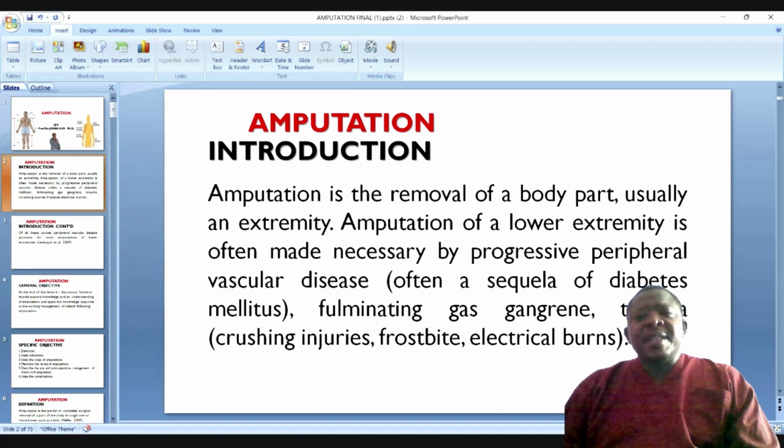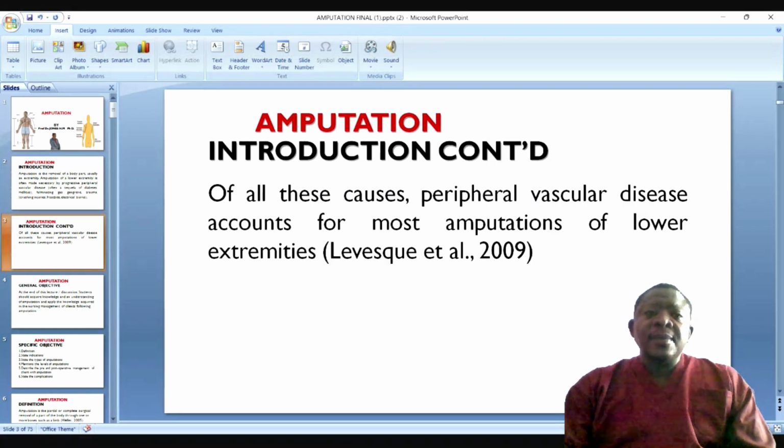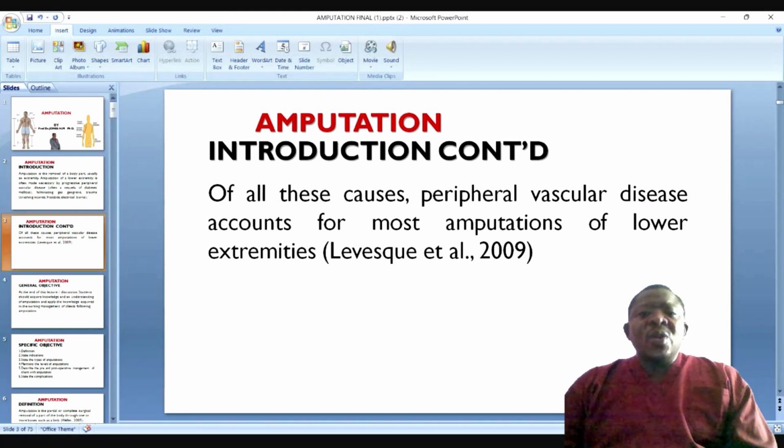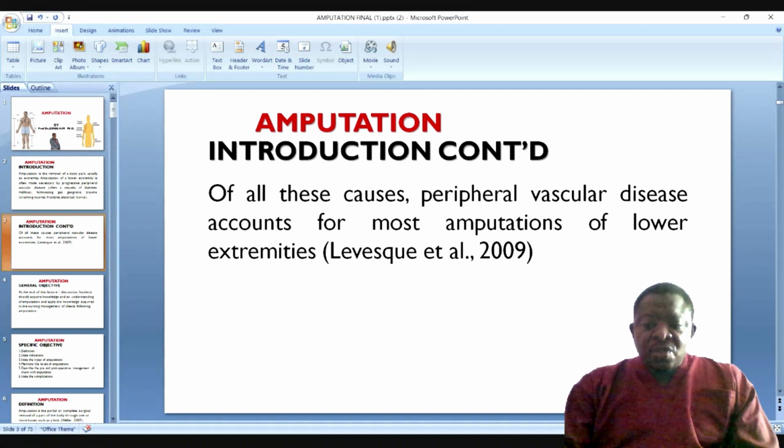When that happens, these areas will not receive oxygen and will not receive the needed nutrients. So that part will undergo necrosis. So frostbite, and also electrical burns. Of all these causes, peripheral vascular disease accounts for most amputations of lower extremities.